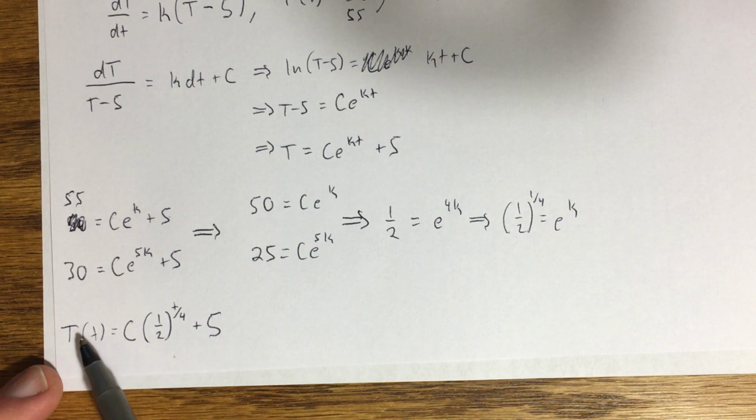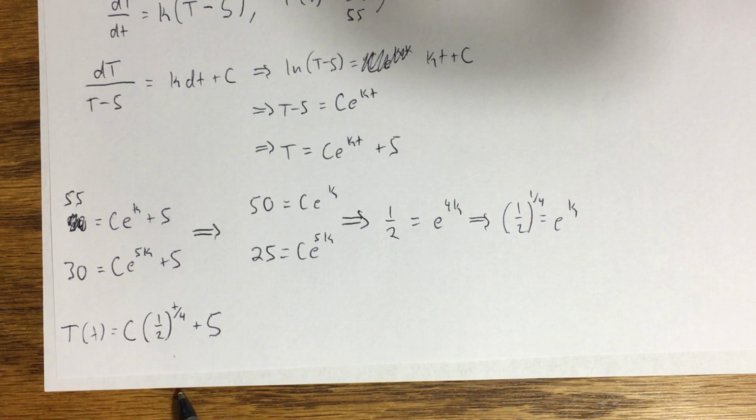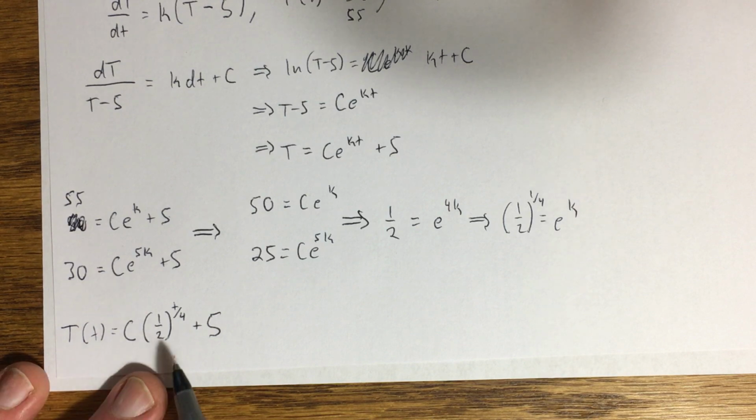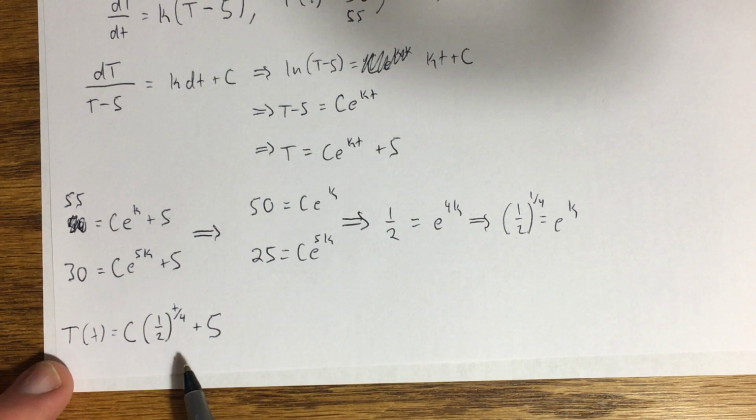I want to figure out what T of 0 is equal to. And we don't know that, so I need to find c before I can start plugging things into this function here. And to find c, I can use one of my other initial conditions. So let's see. Let's go back to this guy up here.